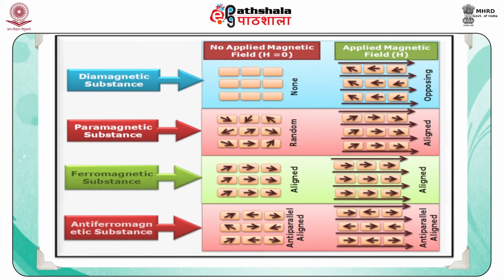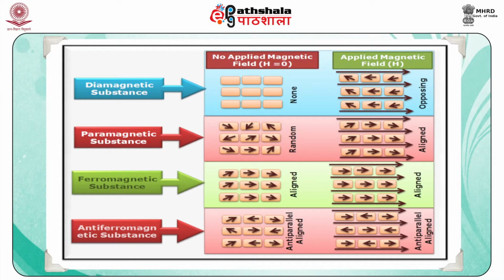Such a substance allows a smaller number of lines of force to pass through it as compared to that in vacuum, and therefore prefers to move to the region of the lowest magnetic field strength. The magnetization is in the opposite direction to that of the applied field. It means the magnetic susceptibility is negative, that is, chi m is lower than 0.